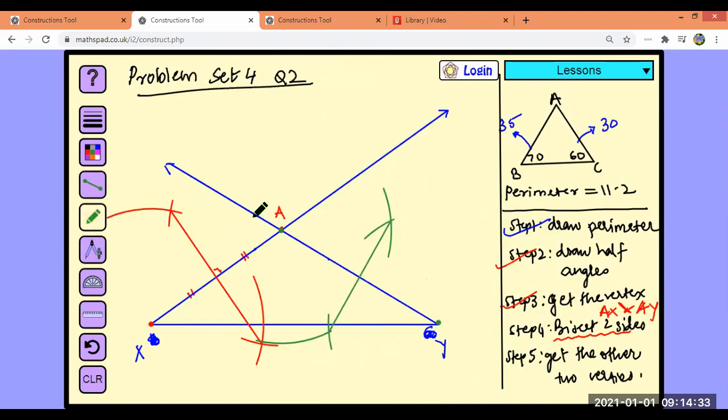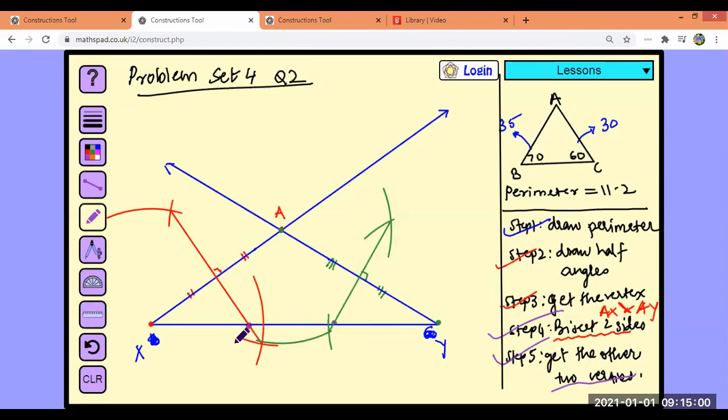So you see, this is perpendicular, and this complete side AY gets divided into two equal parts. Now, the point where these two bisectors meet the base, these two points are the vertices. So once you bisect the two sides, you get the other two vertices on the base.